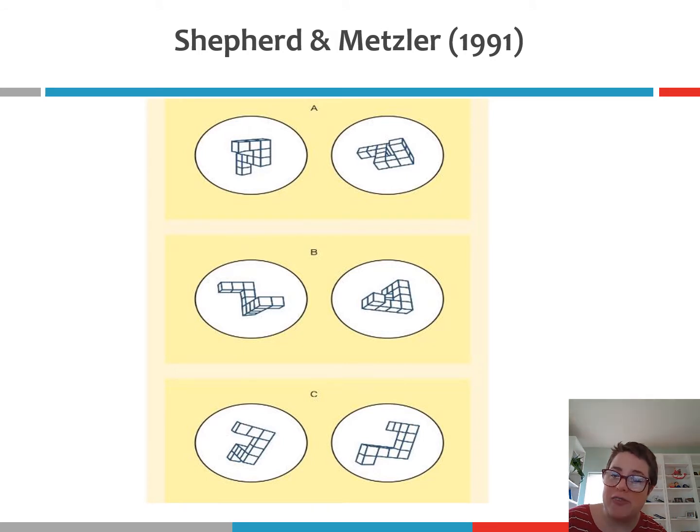And each of the objects was rotated in space to different degrees. And what the researchers found is that the degree of rotation affected the time it took participants to make judgments. So the more rotated the object was, the higher the reaction time, or the longer it took the participant to answer yes or no.